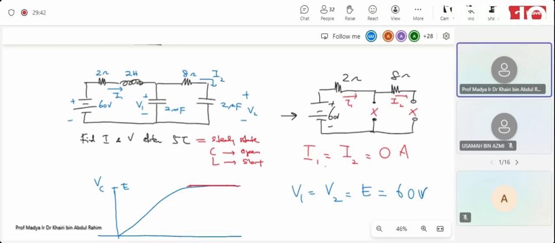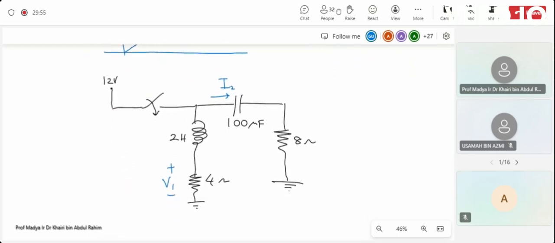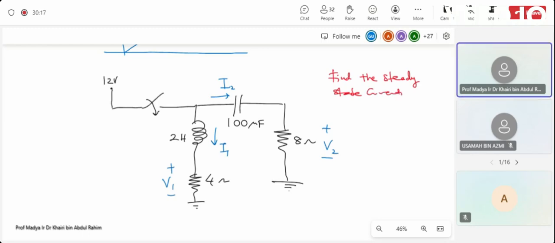This is the switch, and we want to find what is I2, what is V1 here, what is I1, and what is V2. So find the steady state current and voltage.